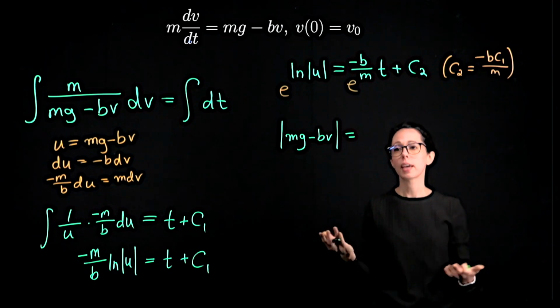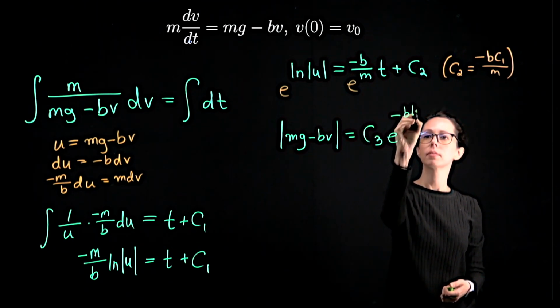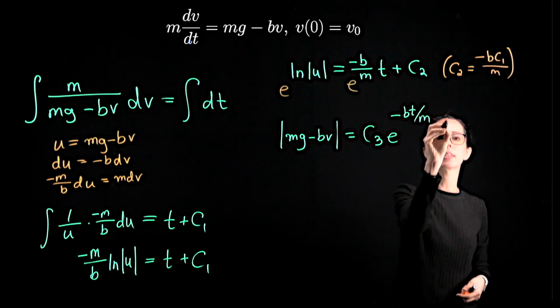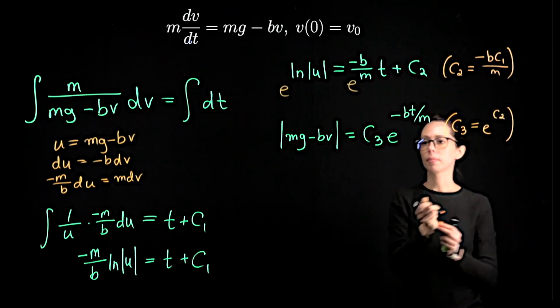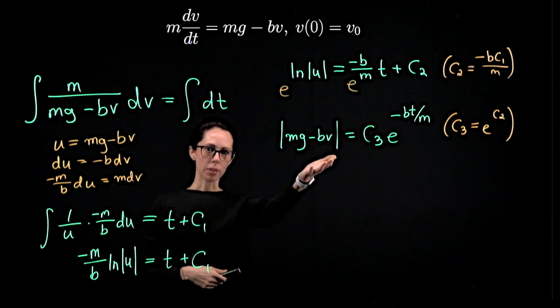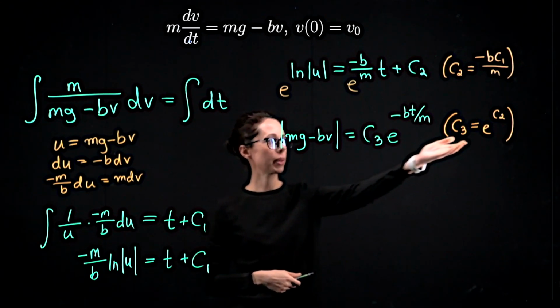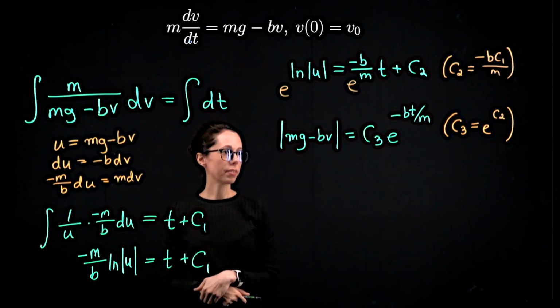e to the c2 is yet another number, so I'm just going to write c3. Where again, if you keep track of your constants, c3 is e to the c2. Right. We can get rid of these absolute values. C3 here is positive because it's an exponential, so e to anything is always a positive number.